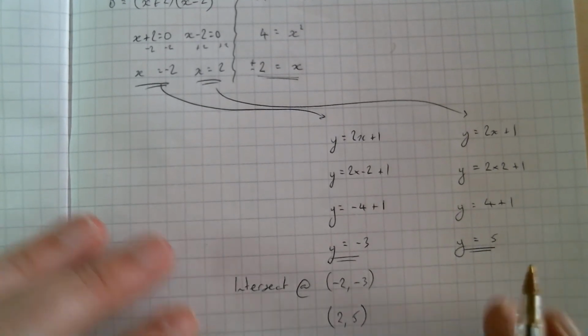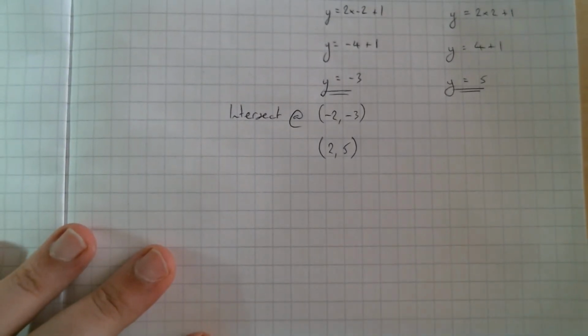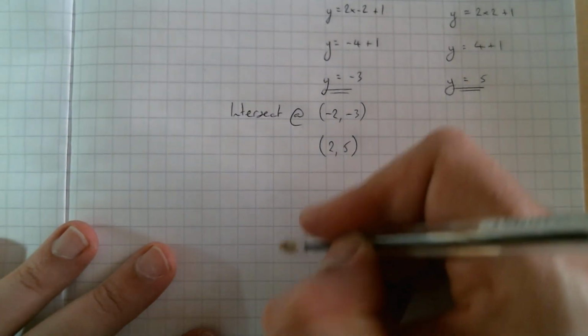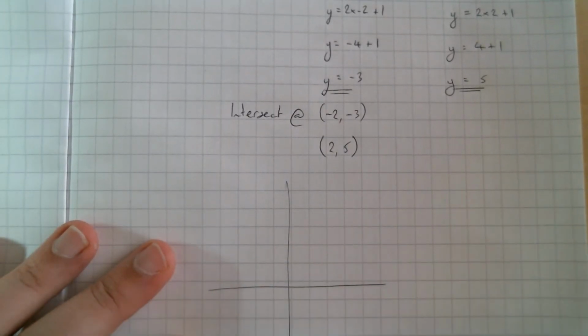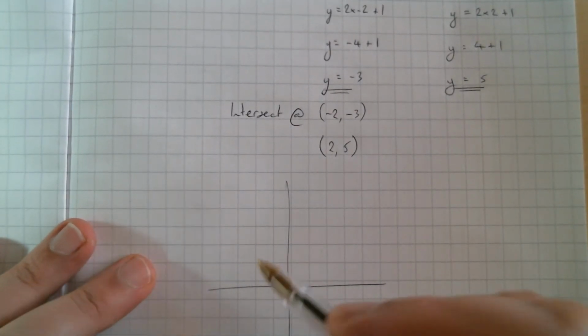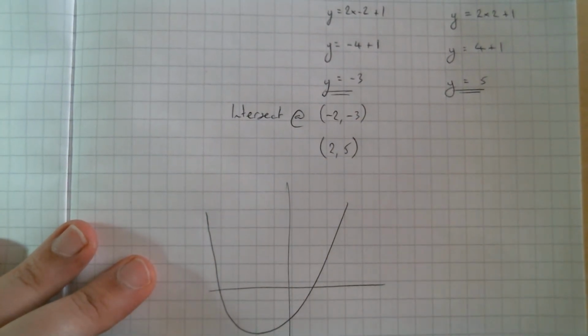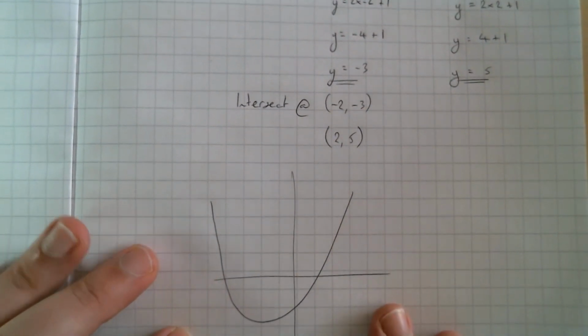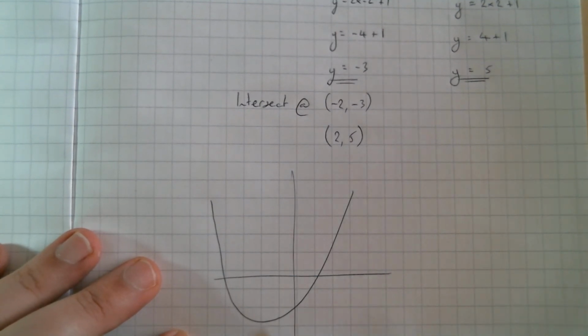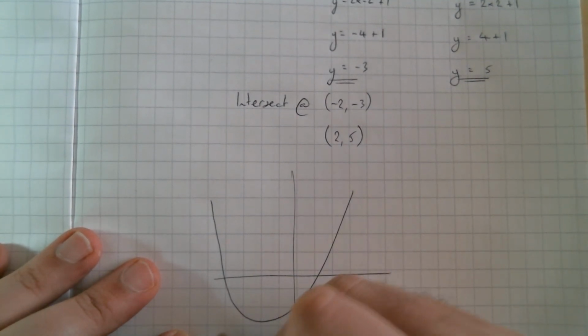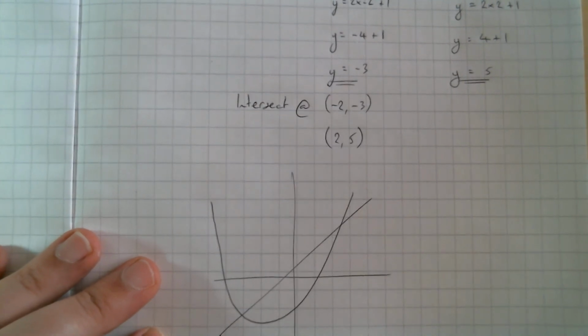What's happening there is that we've got a curve that does something like this. Just a quick sketch. y equals x squared plus 2x minus 3 looks something like that. The straight line, y equals 2x plus 1, looks something like that.